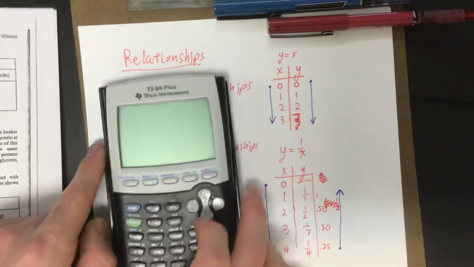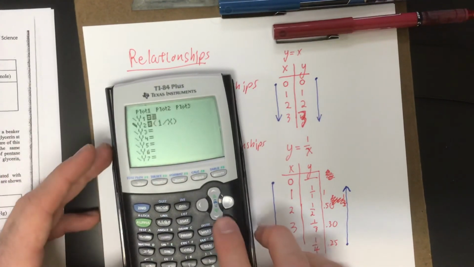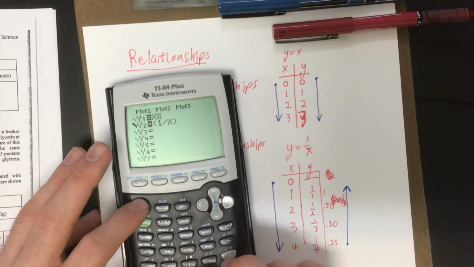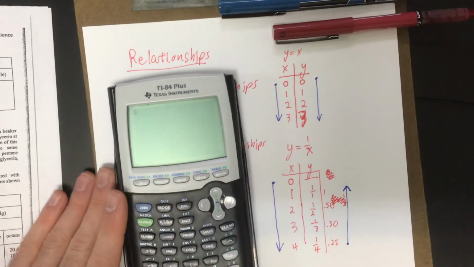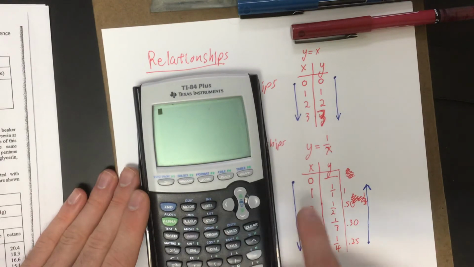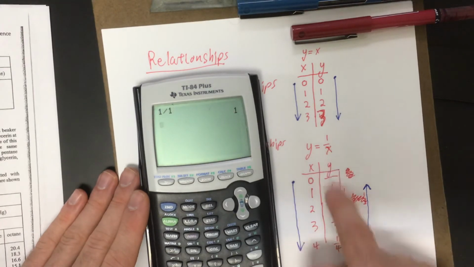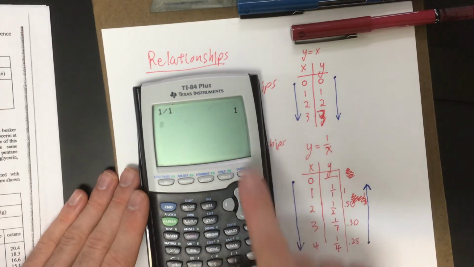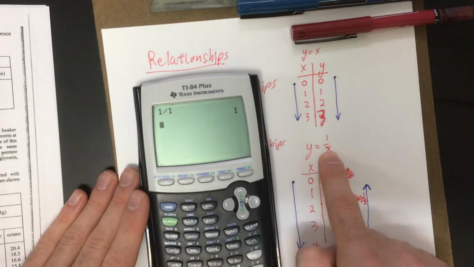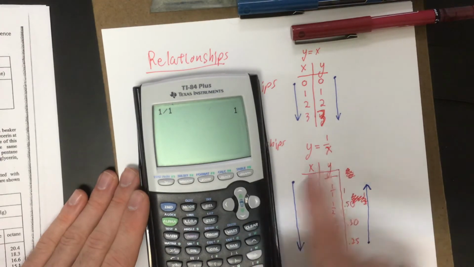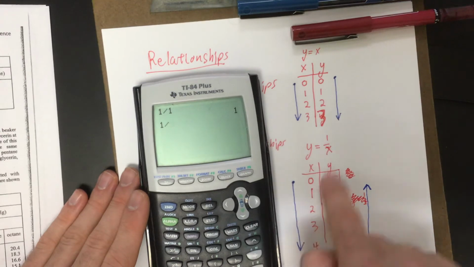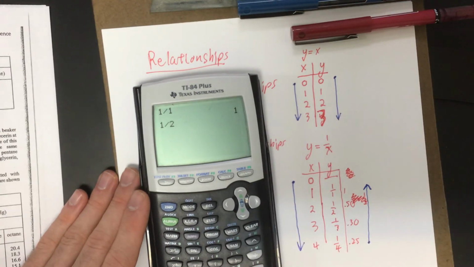So let's just talk about this on our calculator. So if I do 1 divided by 1, right? If I put this 1 in down here, divided by 1, I get 1. If I do put my 2 in down here, 1 divided by my 2, that is 0.5. 3, plug my 3 in.